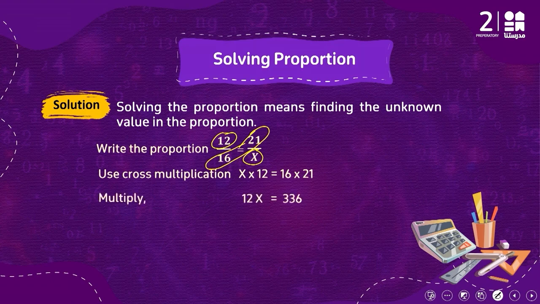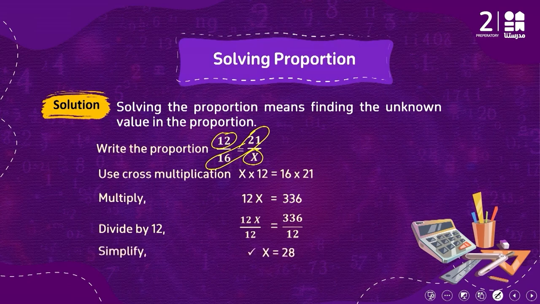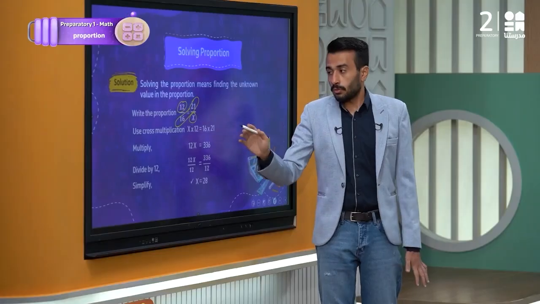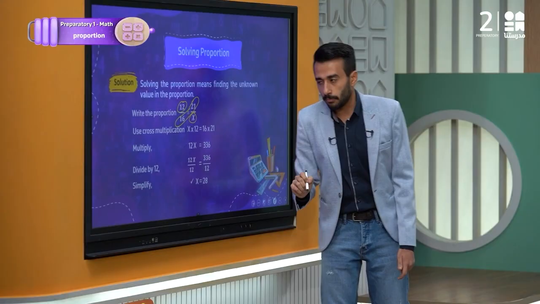Now let's multiply x by 12, which is 12x, and 16 by 21, which is 336. Let's use this way now. I solved it with the first way. There's the second way here. You can divide by 12 for this one and this one to find the answer. Now it's 28. So we just used the cross multiplication.